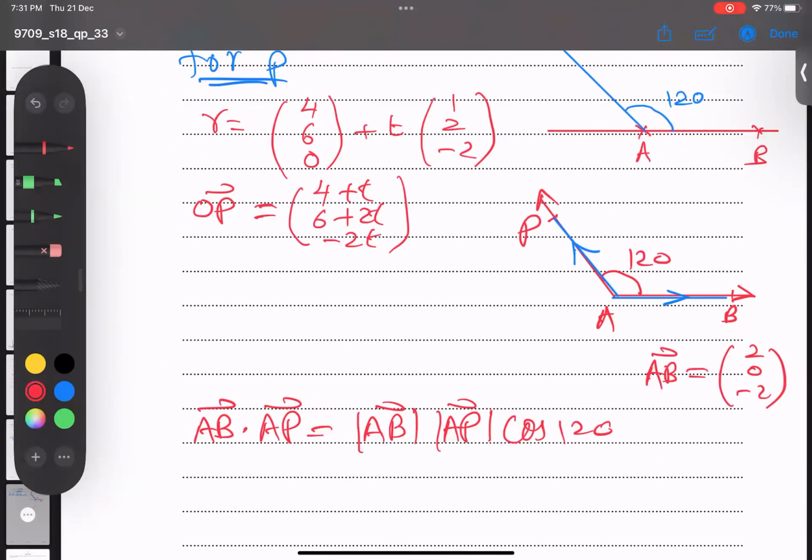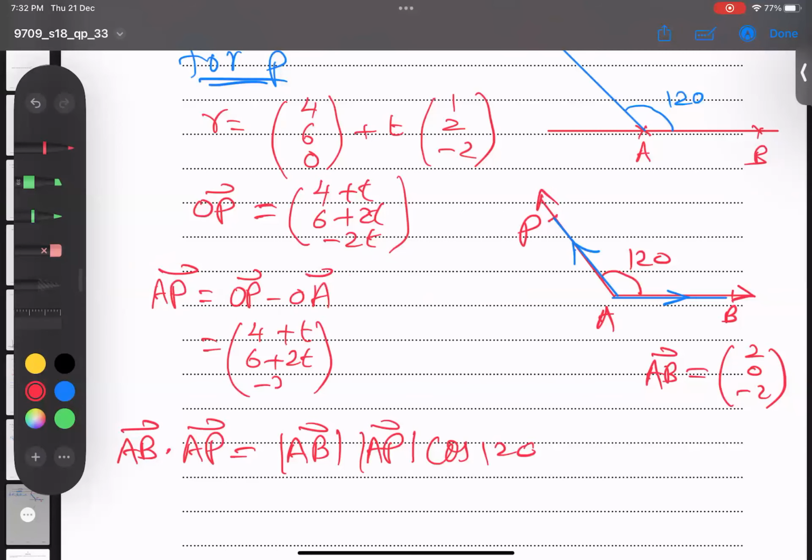So this vector, I am just copying it here and I'm going to plug it in here. First of all, I bring it a little bit down because I will use it later on. So students, I'm bringing it here and I'm looking for the AP vector. How to get AP, student? Not a hard job for us. AP is that. What is the rule? OP minus OA. Where is OP, student? OP is this: 4 plus T, 6 plus 2T, negative 2T.